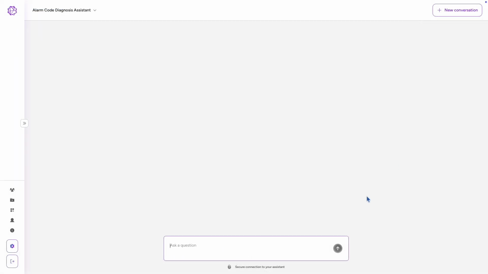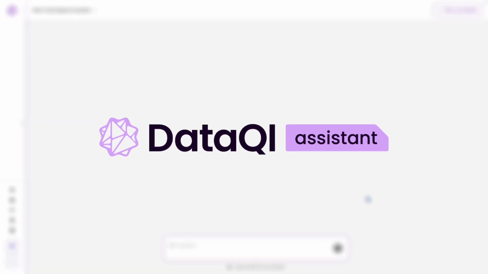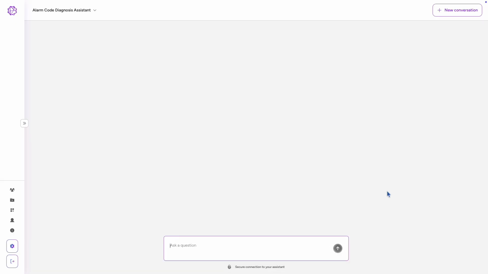To understand why these stoppages are happening, not just that they're happening, we switch to DataQI Assistant. The Assistant is connected to the machine's manuals, technical documentation, historical incidents, and internal maintenance logs. So I could simply ask, what typically causes spindle load alarms on A32, and what should we check first?